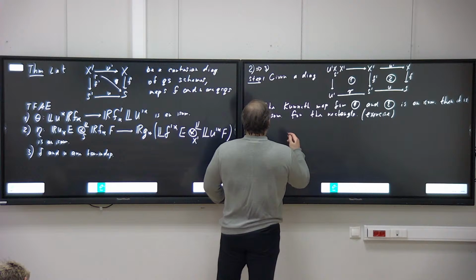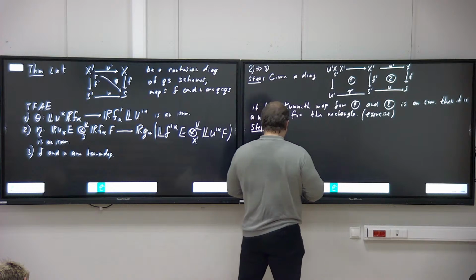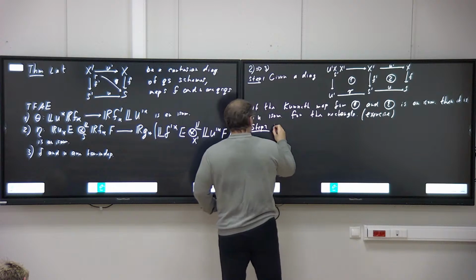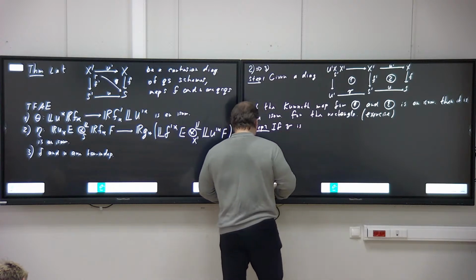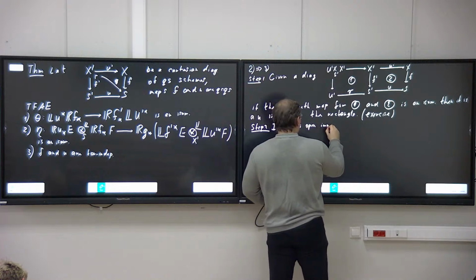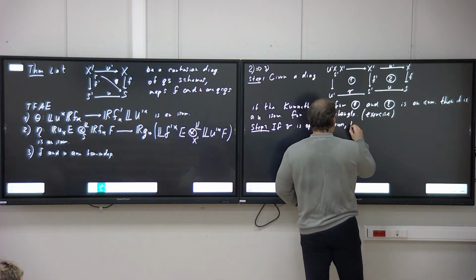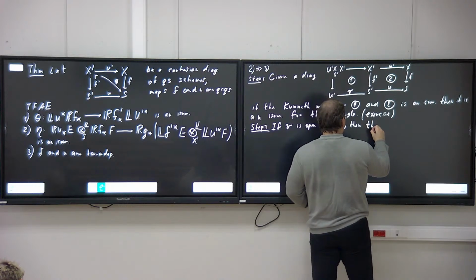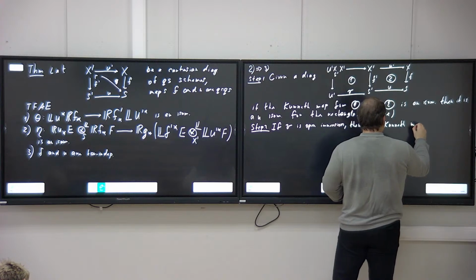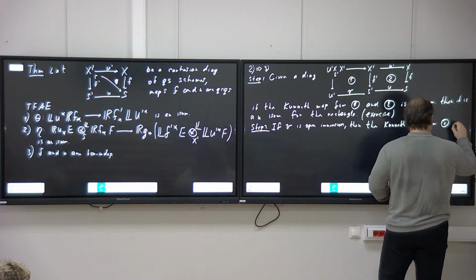Okay, so step 2 of the proof. In this step 2, I want to show that if the map v, like on this first square, is an open immersion, then the unit map of 1 is an isomorphism.